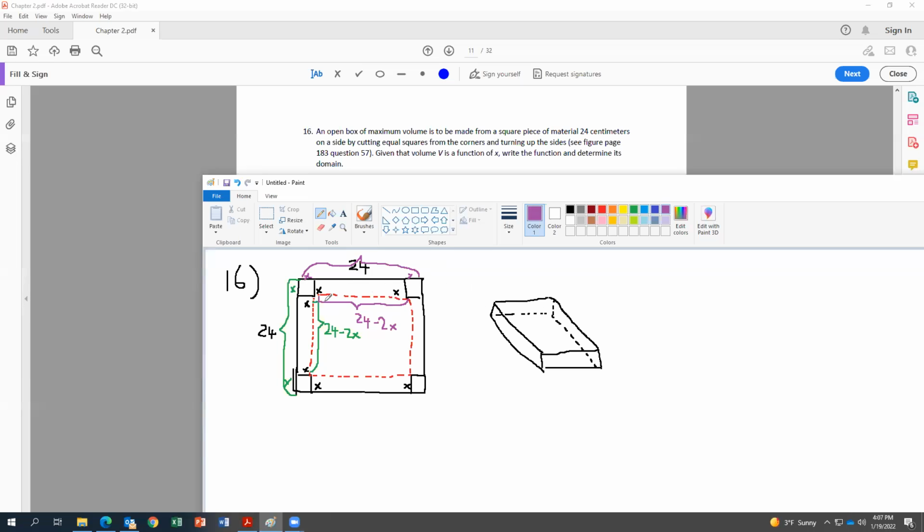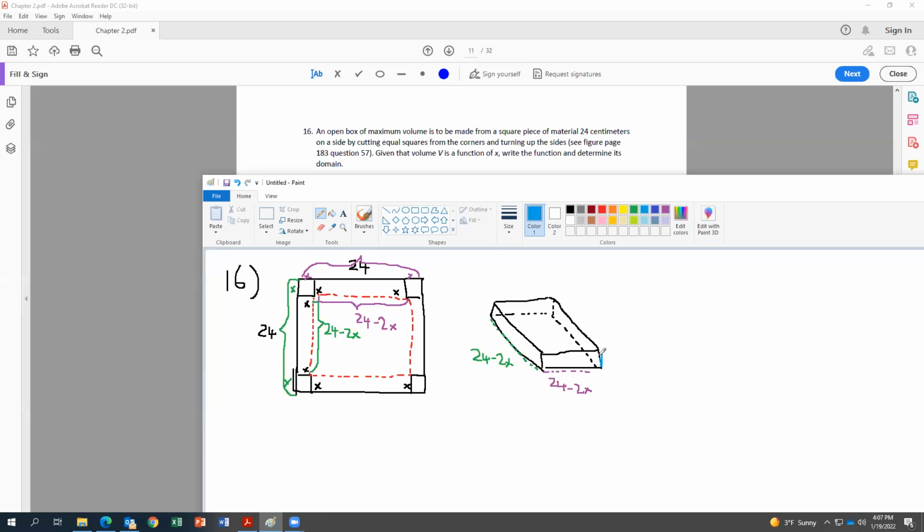So when you fold this up, this will be the green one, which is 24 minus 2x. This will be the purple one, which is 24 minus 2x.